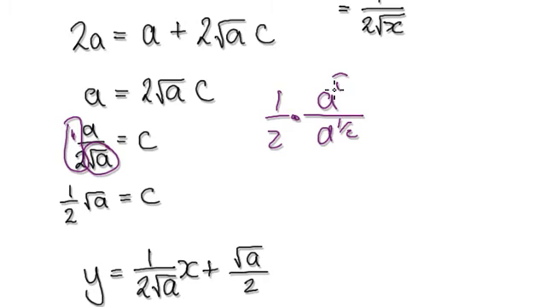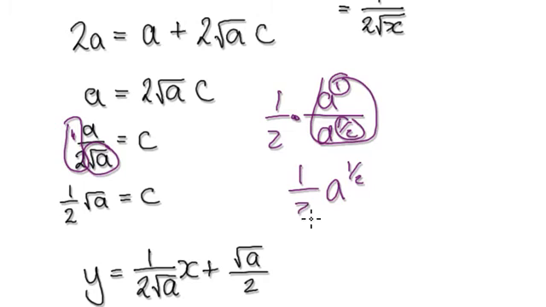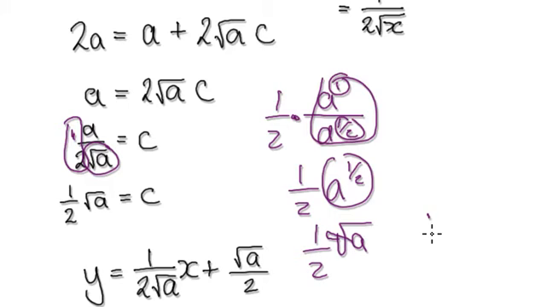And then it's this take away this. So this block becomes a to the power of a half. And then this thing here, well, this is square root of a, like this, and then it gets multiplied to the top. So that would be this.